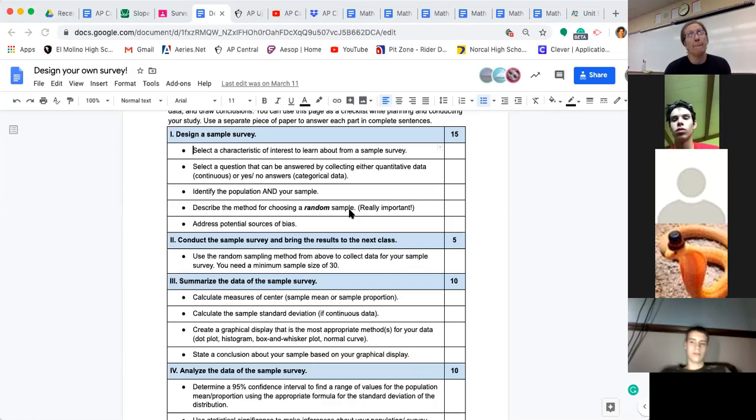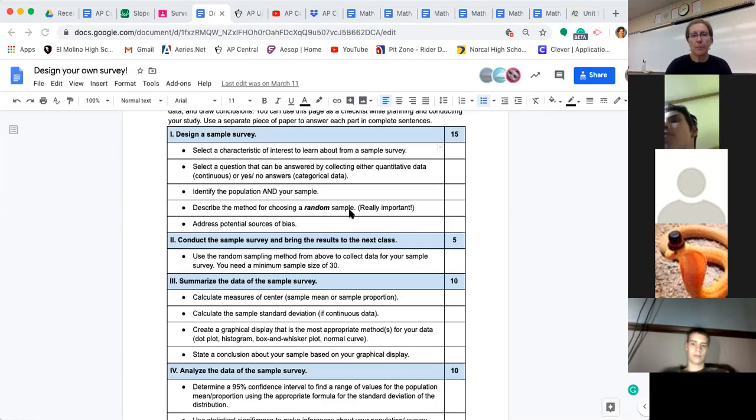No, that's a volunteer sample because they're choosing to respond to your survey. Okay, a volunteer sample. If somebody were to just ask family members they were in contact with, then that would be a convenience sample because those are people they actually have contact with. Yeah.